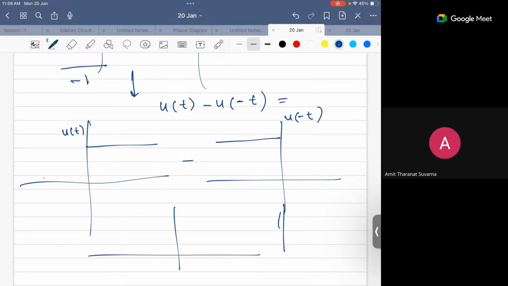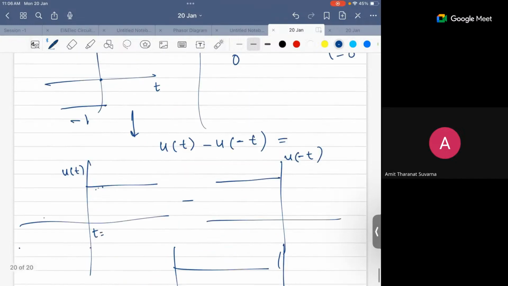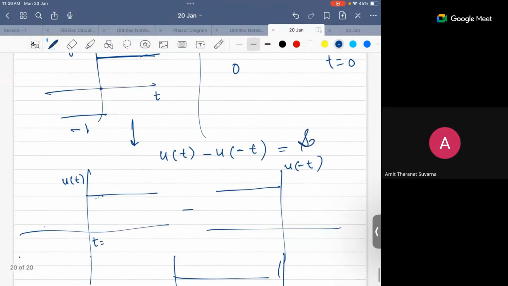From minus infinity to 0 it is 0 minus 1, so minus 1. And from t equals 0 to infinity it is 1 minus 0, so 1. So this is the function, right? Is it clear? This is your signum function.